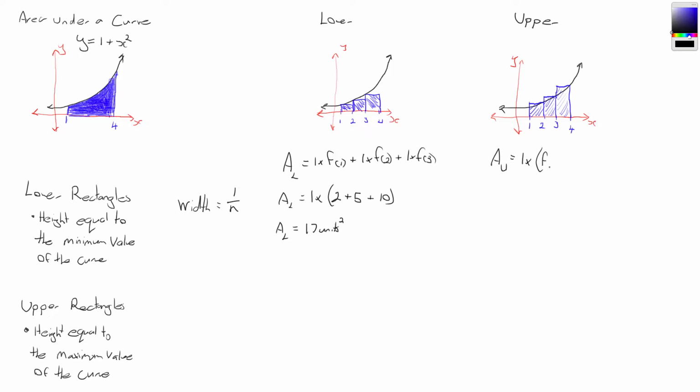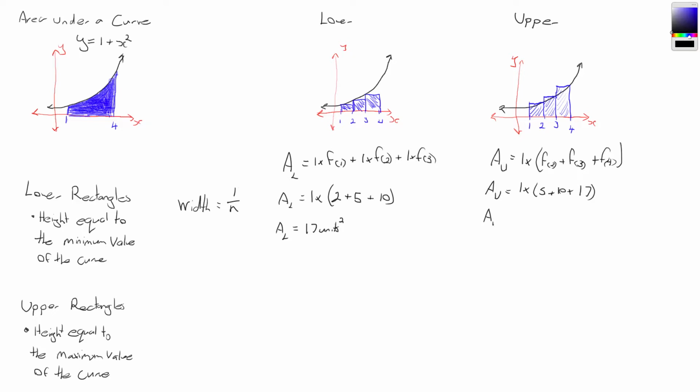So it's going to be f of 2 plus f of 3 plus f of 4. So see here, x is equal to 2, x is equal to 3, x is equal to 4. If we go through and work this out, we know the first two are going to be 5 and 10, plus 4 squared is 16, plus 1 makes it 17.